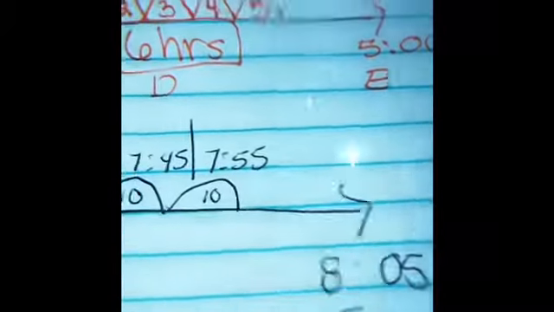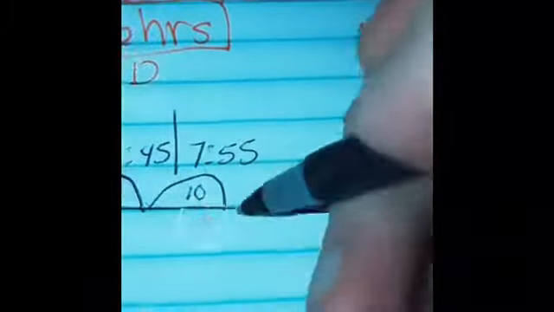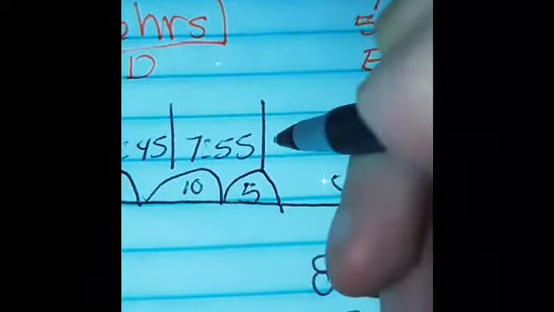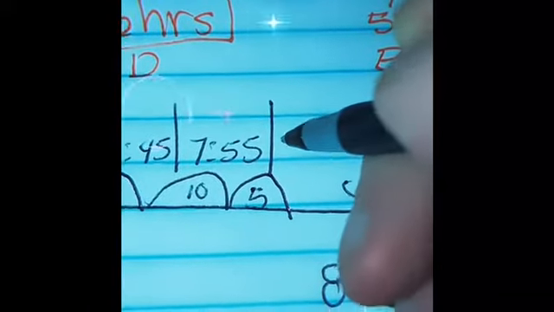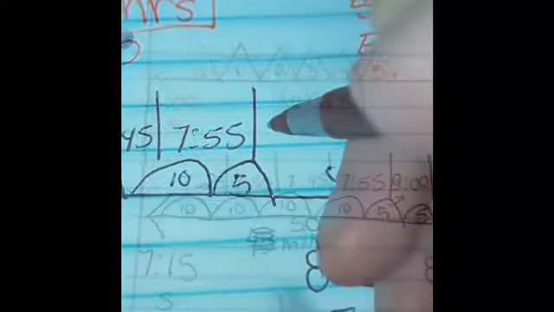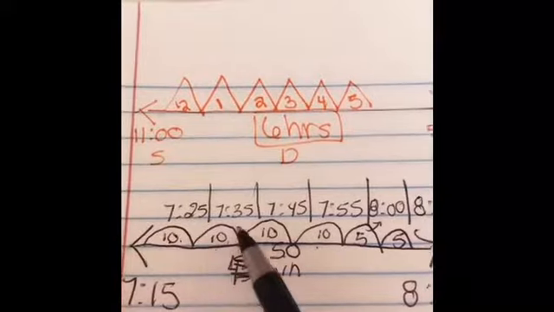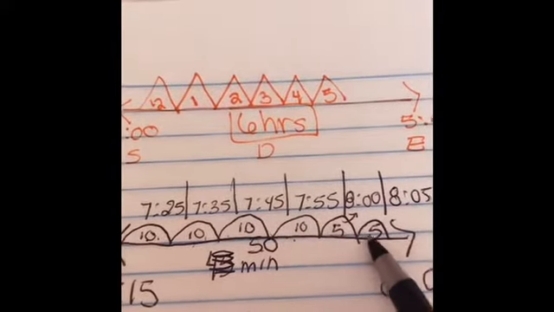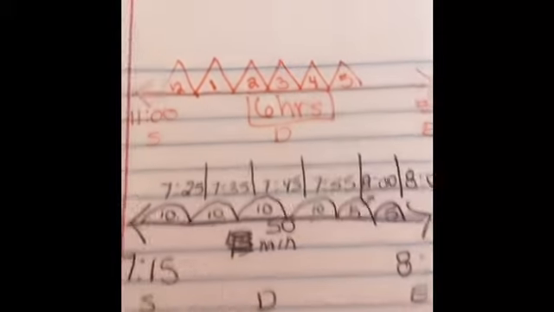If you want to go a little bit further, my hills are going to turn into 5. 55 plus 5, it's 7:60. That means 60 became a new hour. 10, 20, 30, 40, 45 plus 5, 50 minutes is our duration.